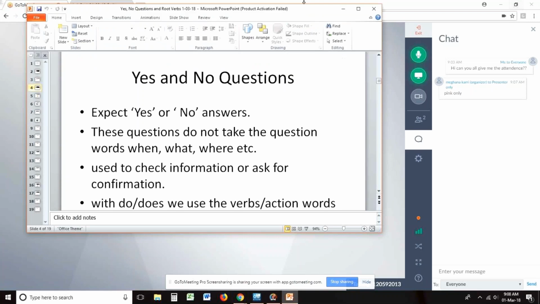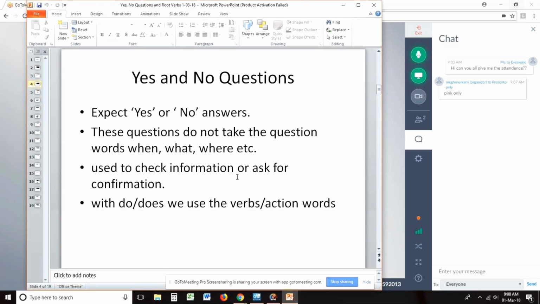It is when you are expecting a yes/no answer, and these questions do not take any question words like when, what, where, etc. It basically starts with is or has or is there, where the question is very particular, asking about something present or not present, or like or dislike. So it's a very specific, answer-oriented question where you want the answer to be either yes or no.